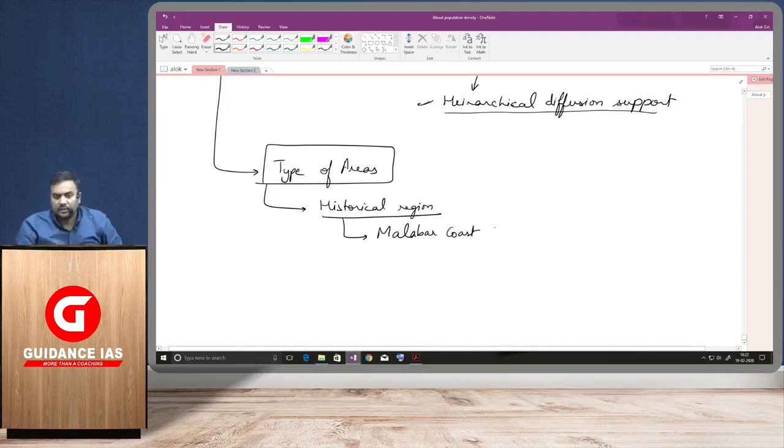As we said, on the Malabar coast, it essentially arrived first in the form of migration diffusion.